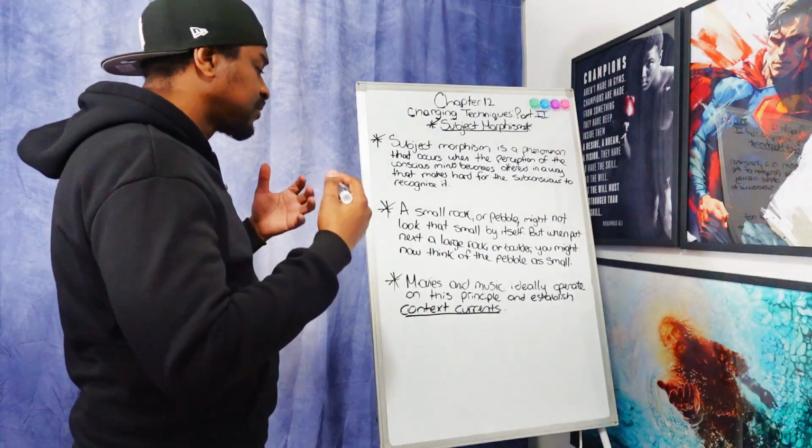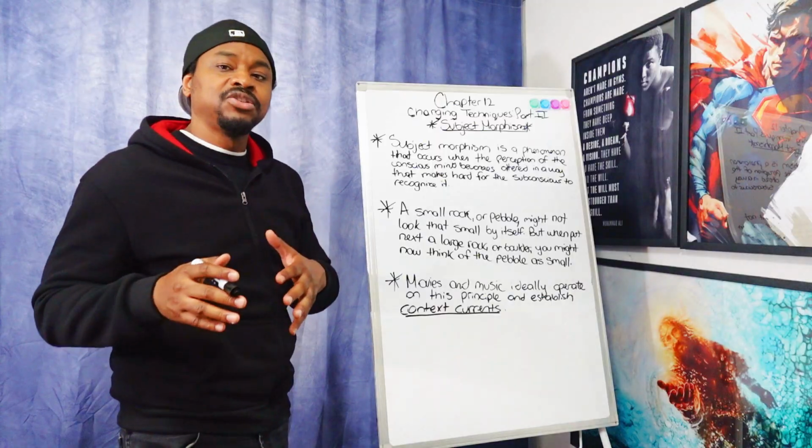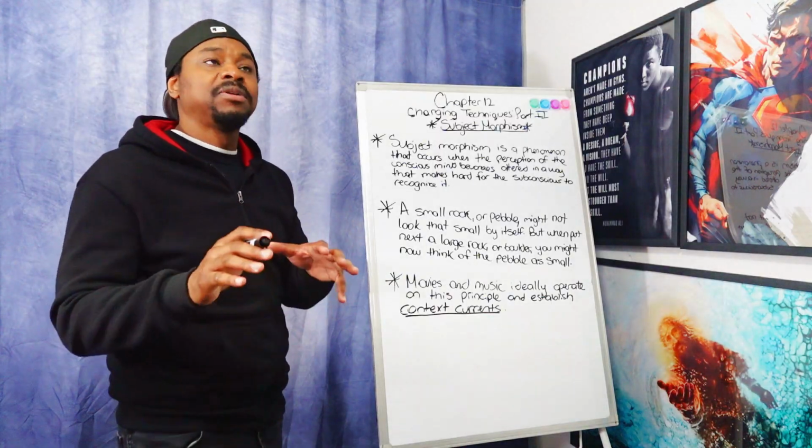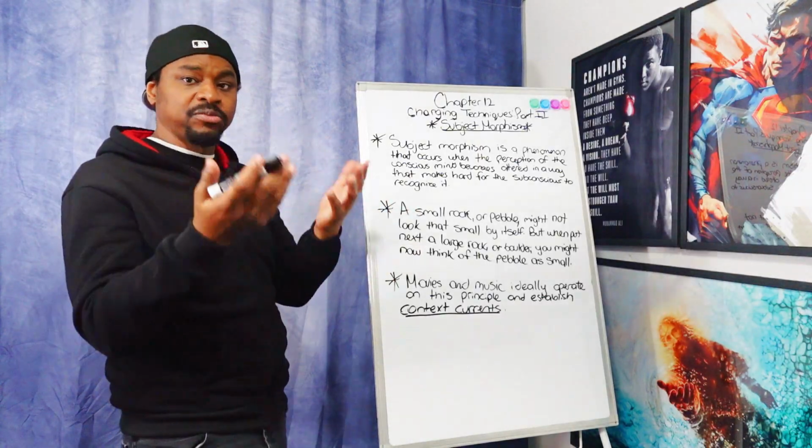And when that happens, it's hard for the subconscious to access the subconscious memory when you focus on that subject, because it no longer looks like that subject, since your perception is altered.